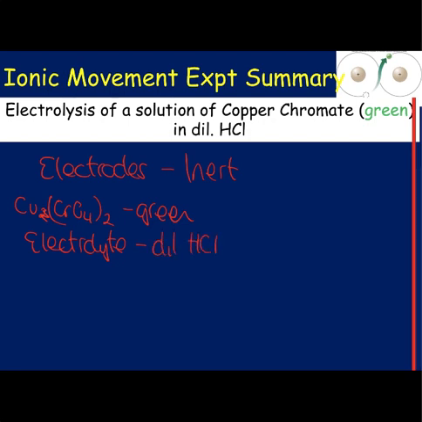We then look at what happens at the anode. So at the anode, it goes yellow. Where are we putting this in? This is going into the bottom row of that big table. So the anode is yellow, and in terms of our reaction, it is the CrO4 minus goes to anode.